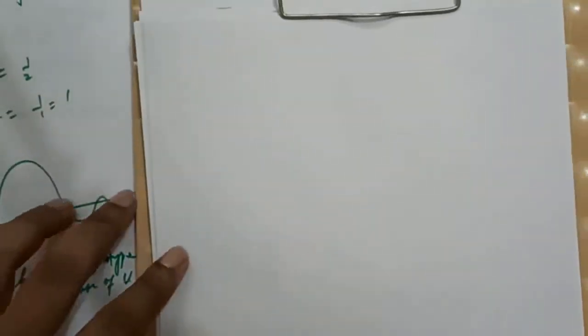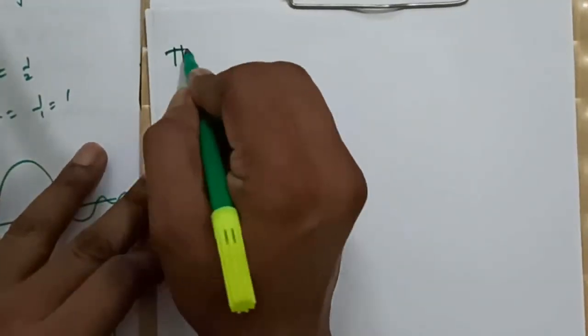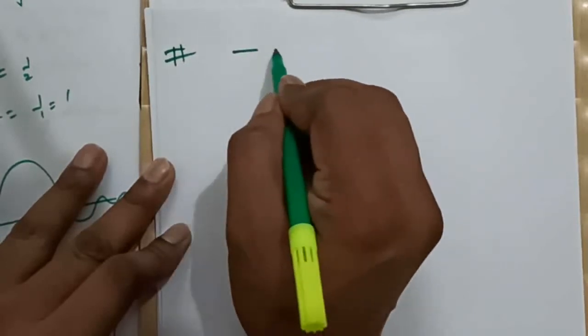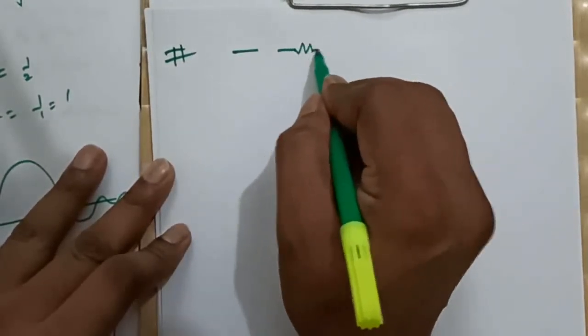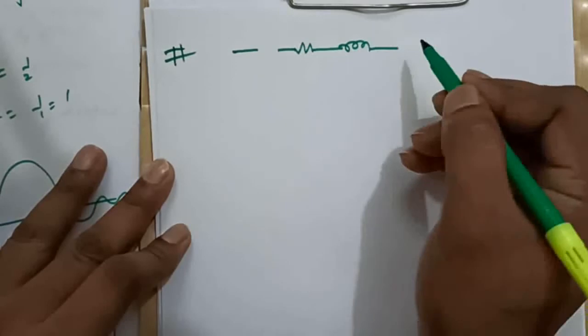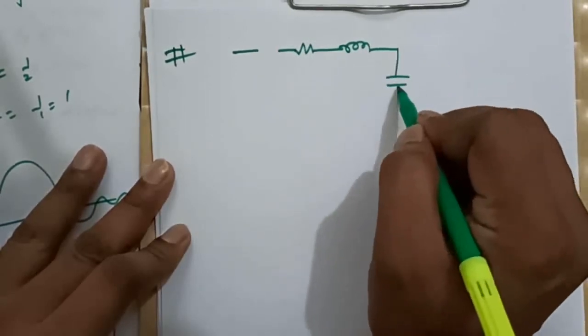Now we will see the forced response of second order system, right? Let us consider this circuit: a resistor, an inductor and a capacitor.